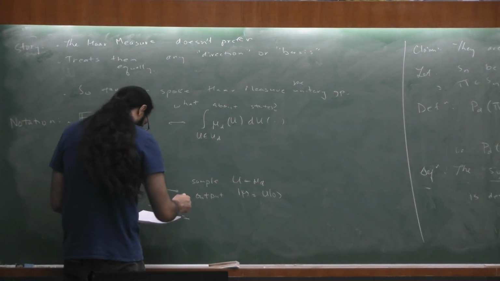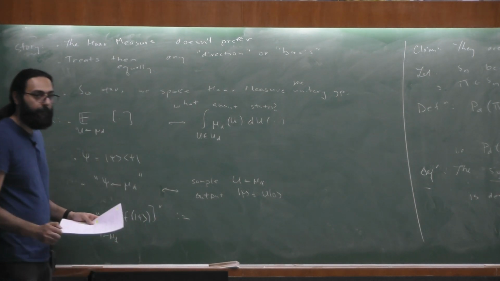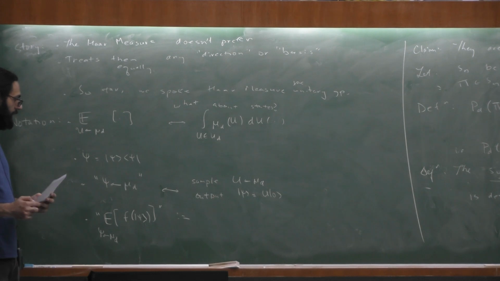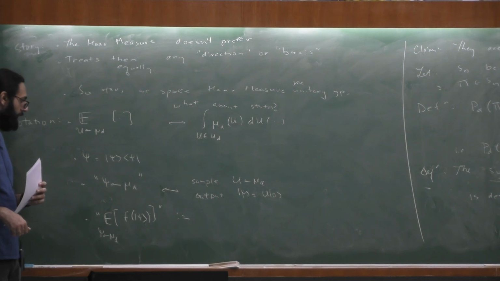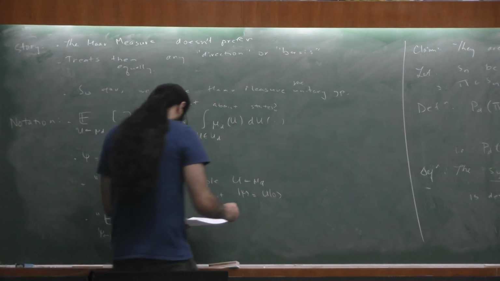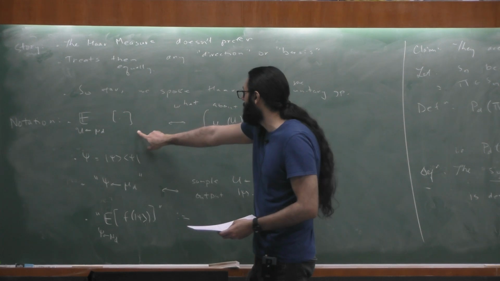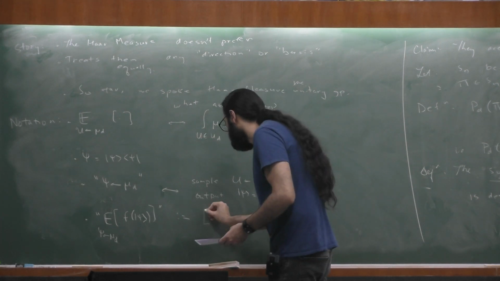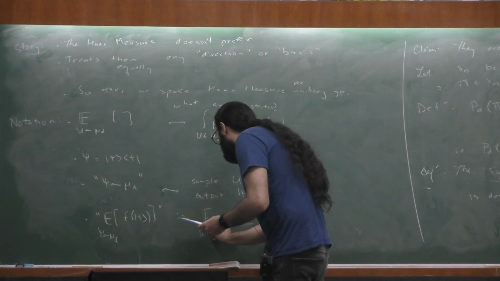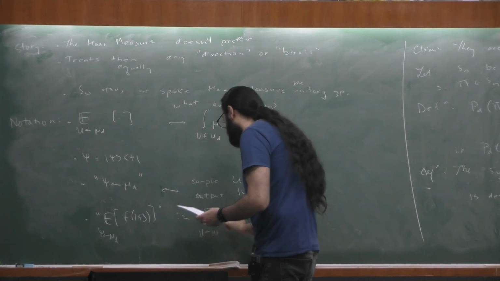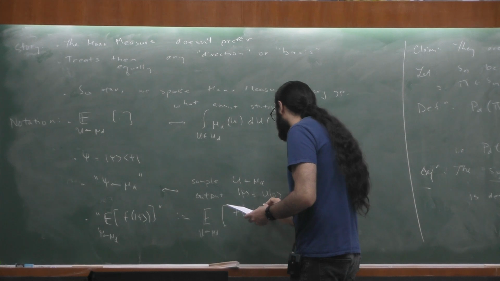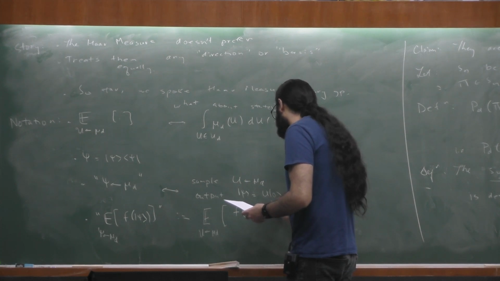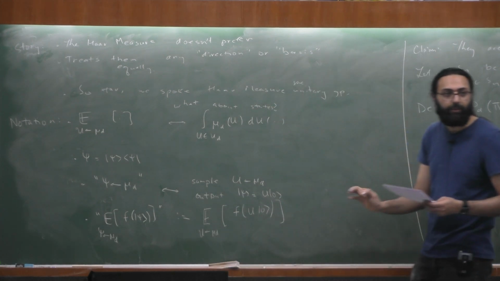What does this mean? What do you think it should mean? That f will depend on u through this relation. You integrate over u. Exactly. So we use this notation. We'll write it as you sample a u according to the Haar distribution, and you take f and have it act on u.